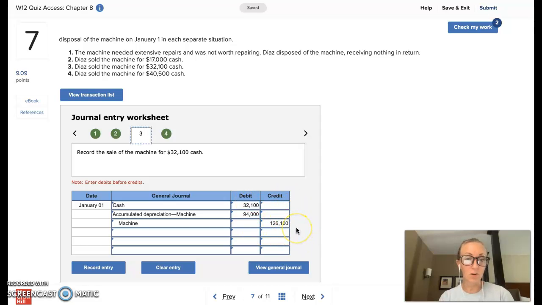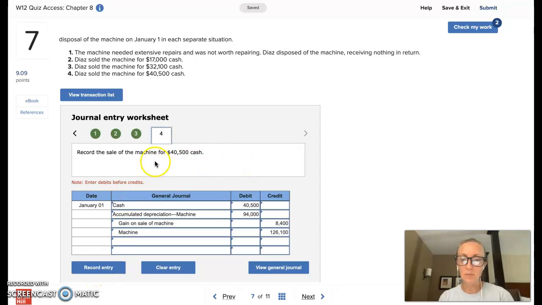Each time, notice that we are crediting the machine account. That happens on every single transaction, because we want to make sure we credit that account and then debit the other accounts for the differences of the sales or transactions.